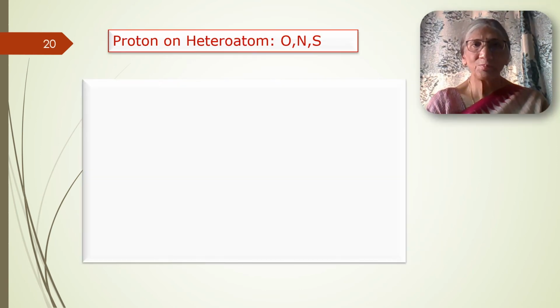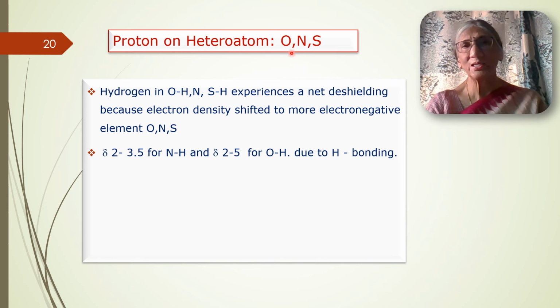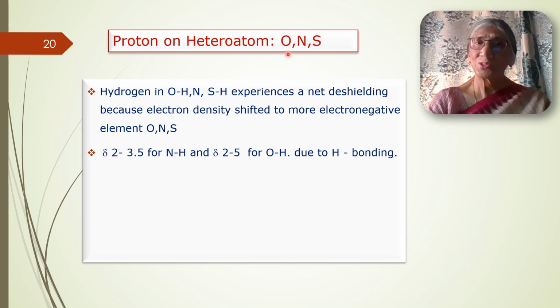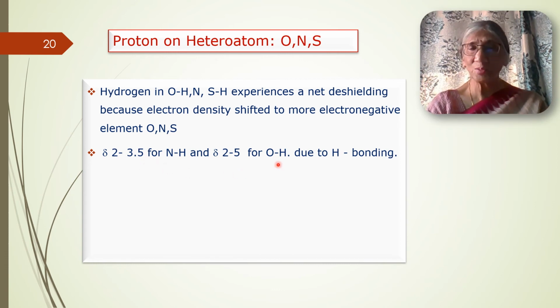When protons are present on nitrogen, oxygen or sulfur, they are de-shielded. Why are they de-shielded? Because of the electronegativity of oxygen, nitrogen and sulfur. So when a proton is bonded to nitrogen, the signal is seen somewhere at 2 to 3.5 delta, and a hydroxyl proton is seen somewhere between 2 to 5 delta.